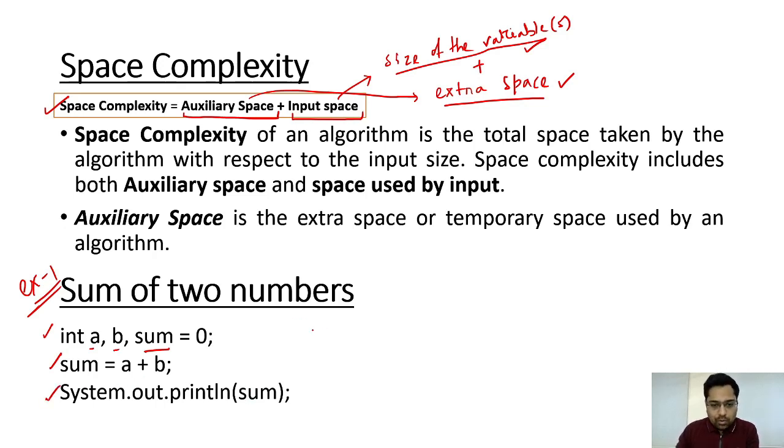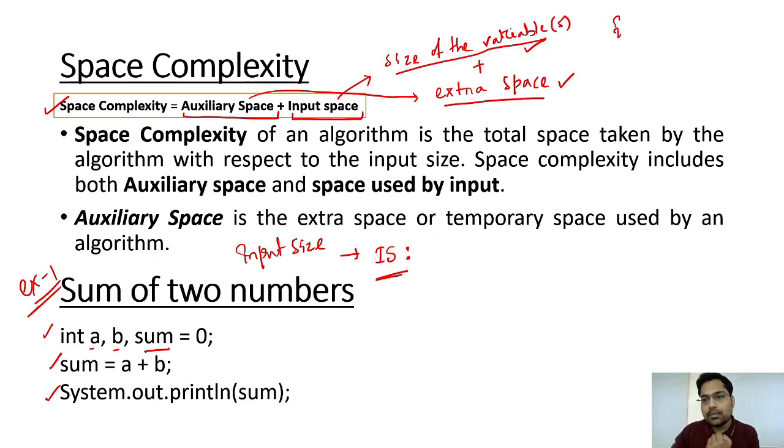As per the space complexity which we read now, we have to divide it, and I am writing the variable size as the input size. The input size is the number of variables that we are using, the size of the variables.